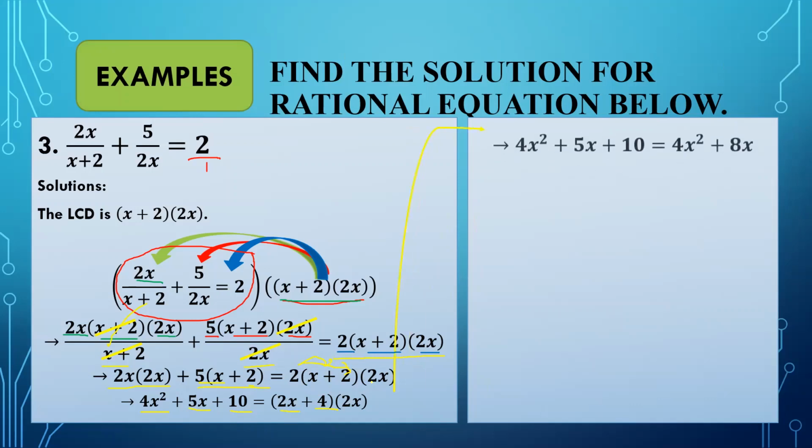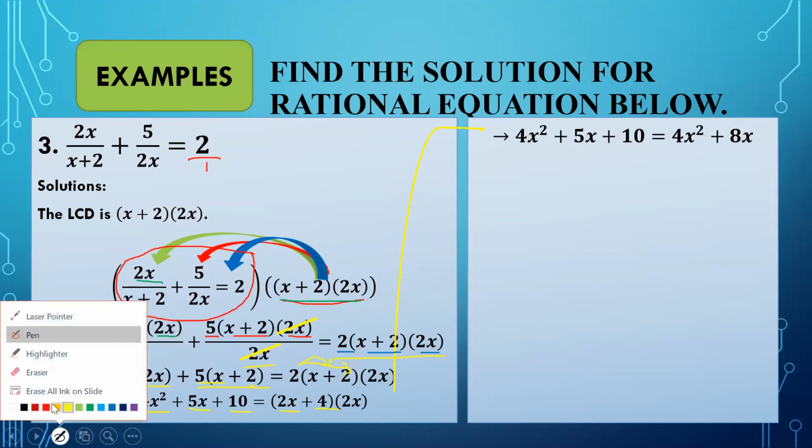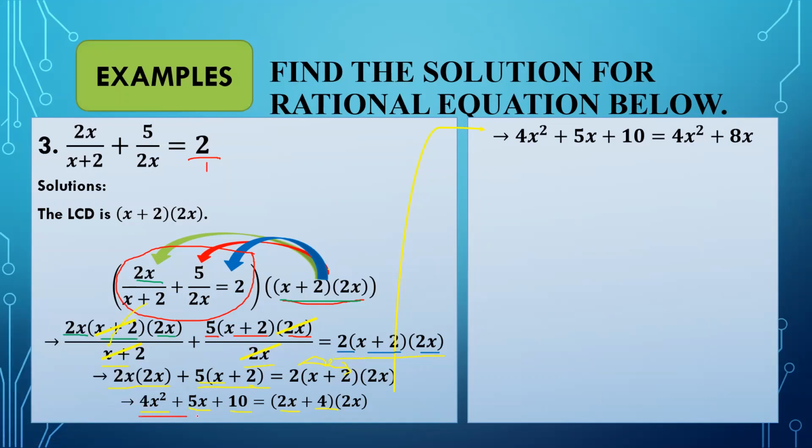Next, we have this one, so we just copy the entire expression. So we have here 4x squared plus 5x plus 10 equals, here we will distribute the 2x. 2x times 2x is 4x squared.